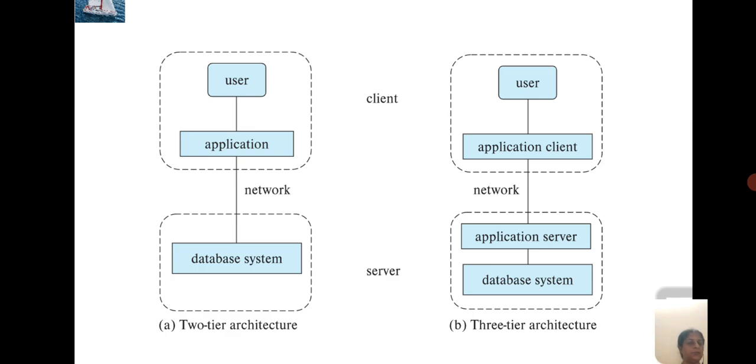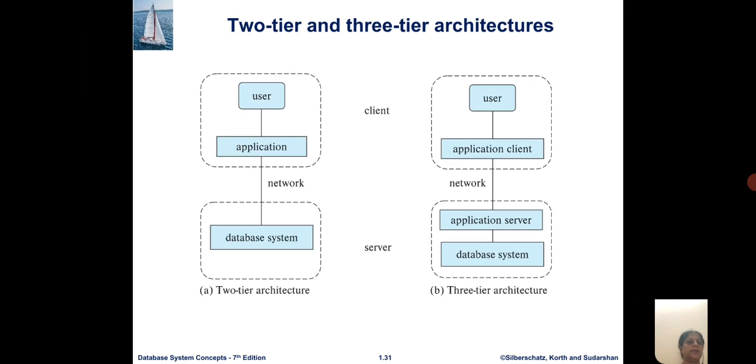Coming to the three-tier architecture displayed on the right hand side, the client will have the user and the application client alone, which cannot hit the database system directly through the network, but it accesses the application server through the network, and the application server is going to call upon the database system for responding back to the client. If that is the case, it is called the three-tier architecture.